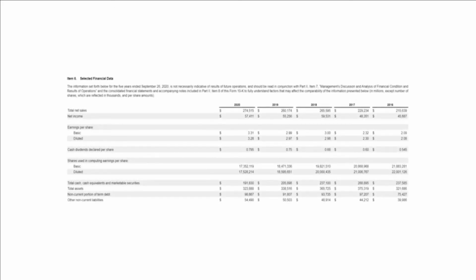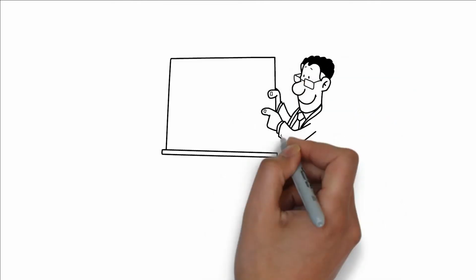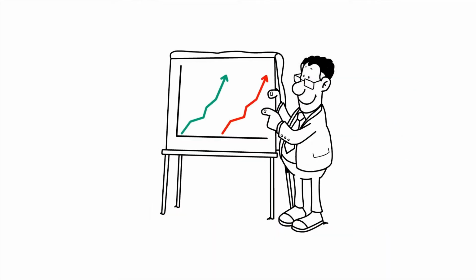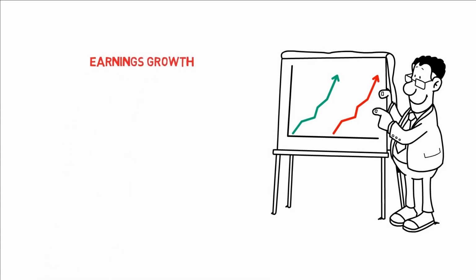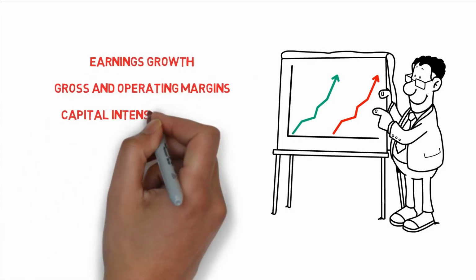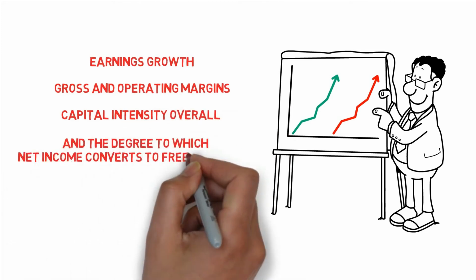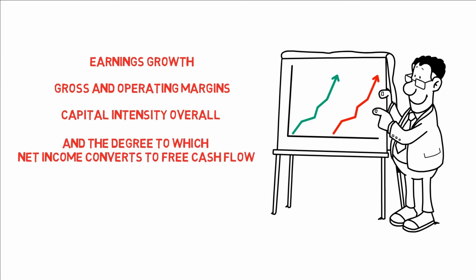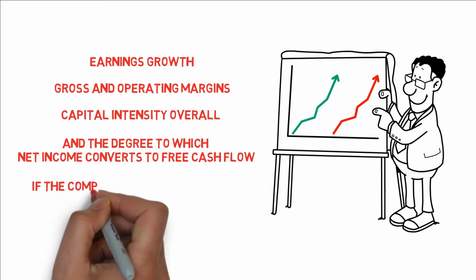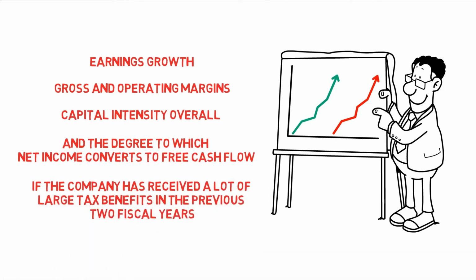Although the information provided in this section is insufficient to draw any conclusions, we can get a sense of things like revenue and earnings, growth, gross and operating margins, capital intensity overall, and the degree to which net income converts to free cash flow. We also look for unusual items, such as if the company has received a lot of large tax benefits in the previous 2 fiscal years.